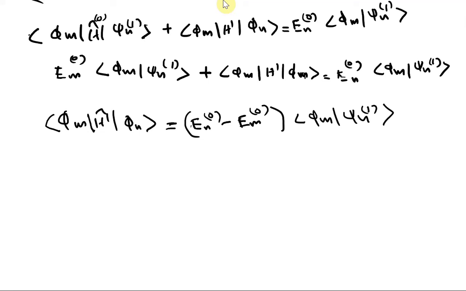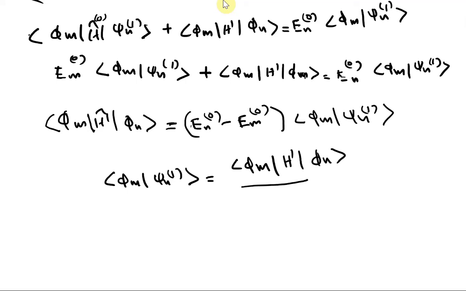So phi m psi n1 will give you phi m h dash phi n divided by en naught minus em naught.